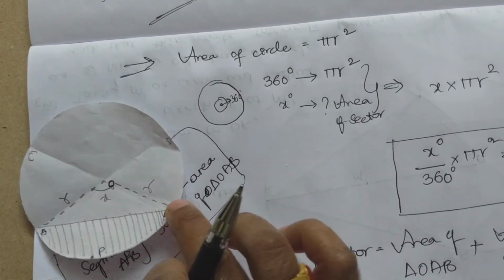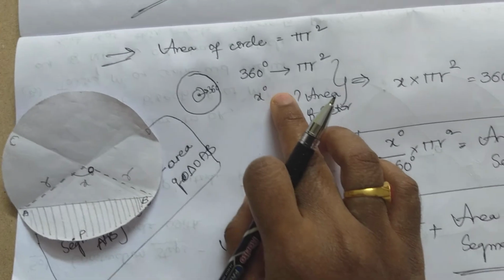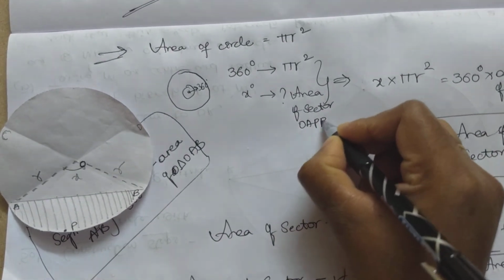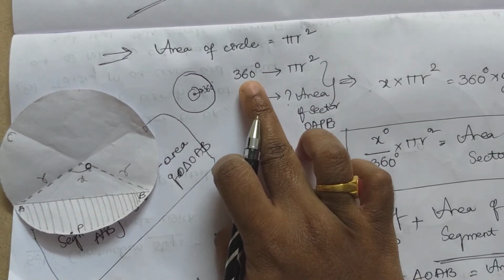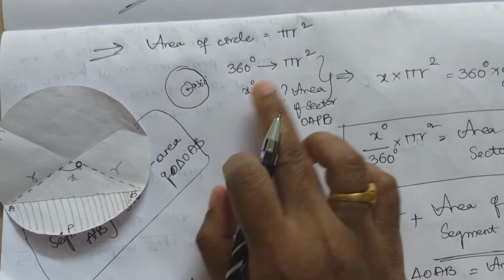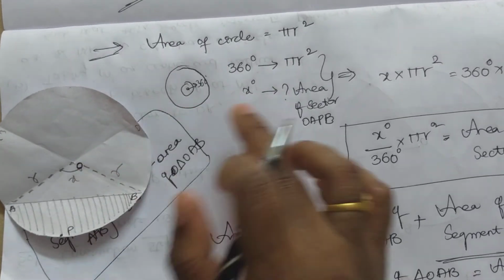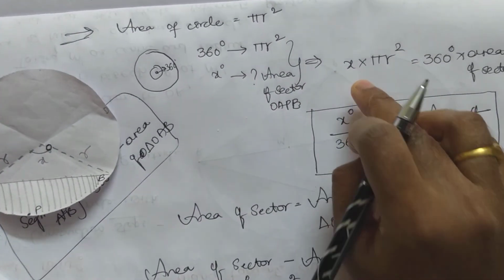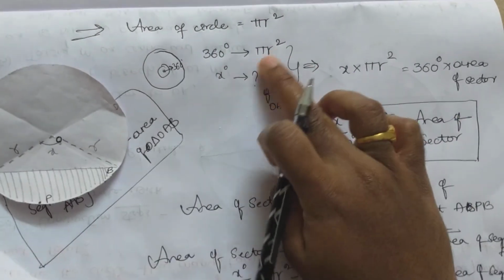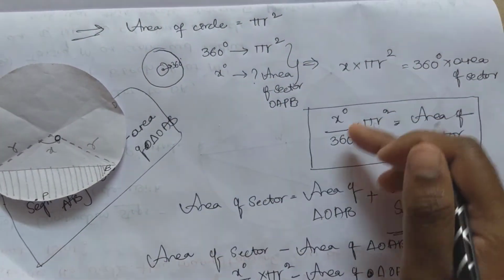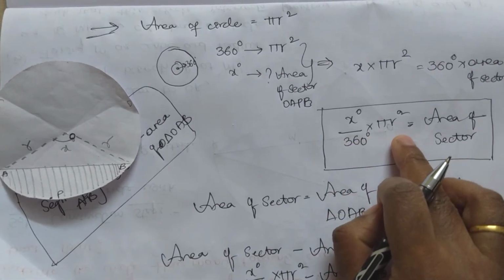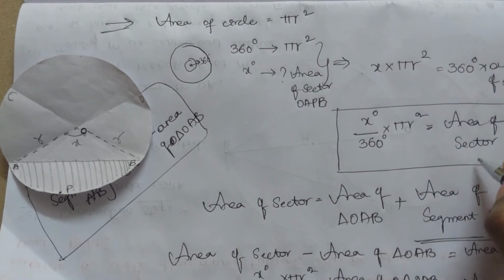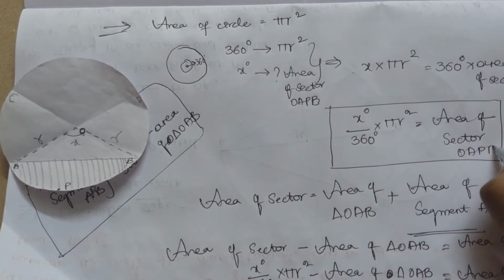Since OAPB is a sector, for 360 degrees it is pi r square, and for x degrees we get the area of the sector. I did cross multiplication, and it becomes x by 360 into pi r square equals the area of the sector OAPB.